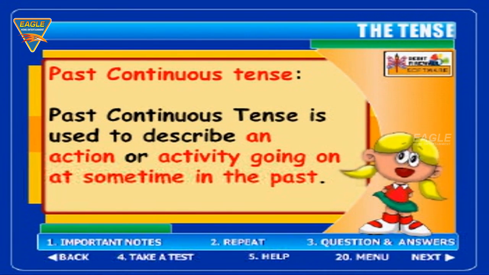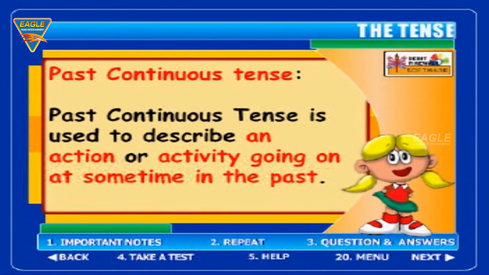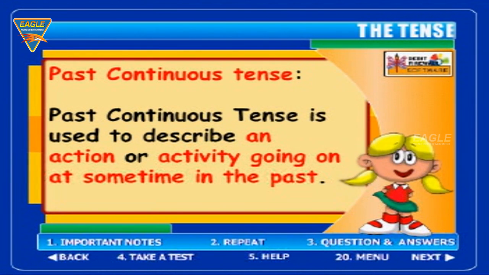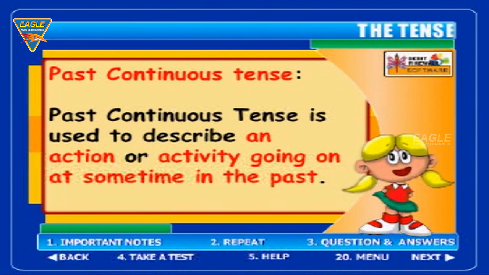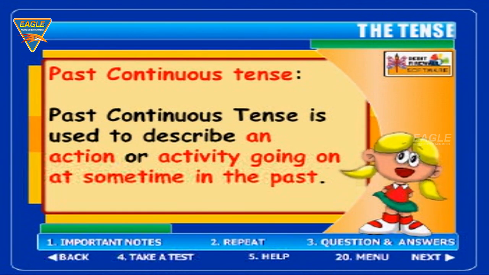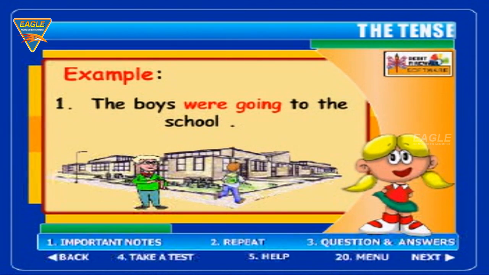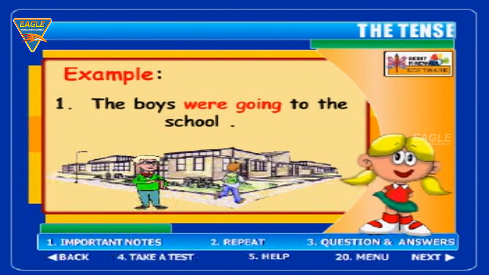Past continuous tense. Past continuous tense is used to describe an action or activity going on at some time in the past. Examples: the boys were going to the school.